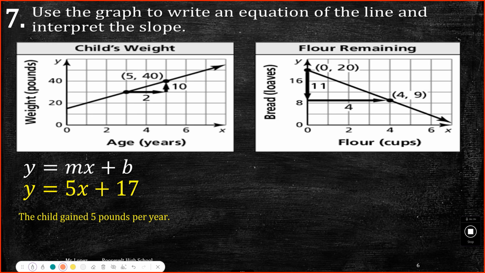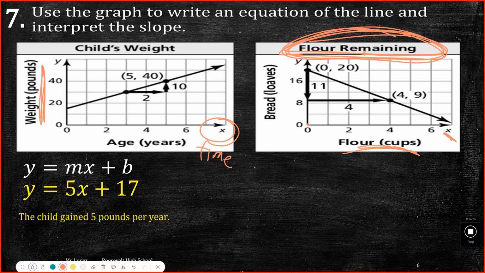Flour remaining. Pay attention to this again. Flour remaining, so cups of flour. The input is no longer time. Here, this is time, so the weight of the child depends on time. In this one, the number of loaves of bread depends not on time but on cups.